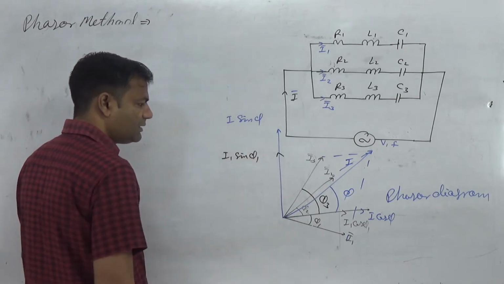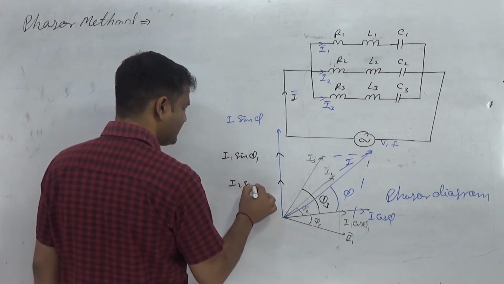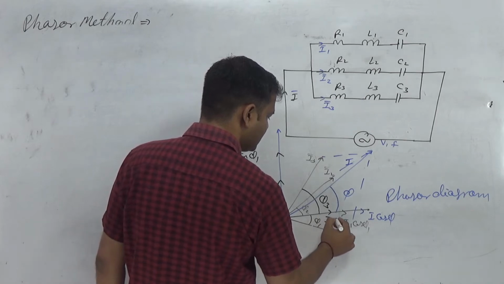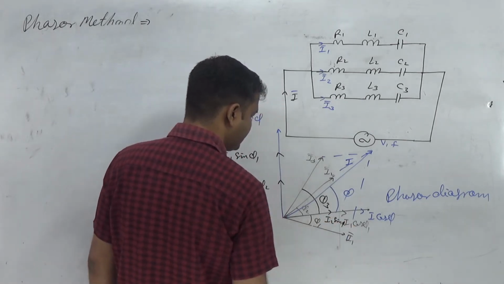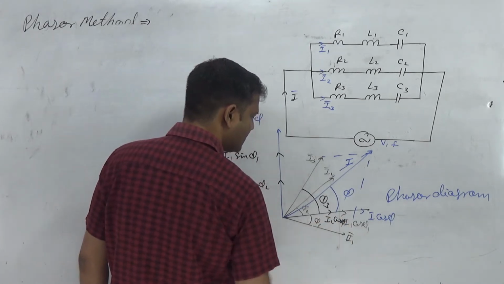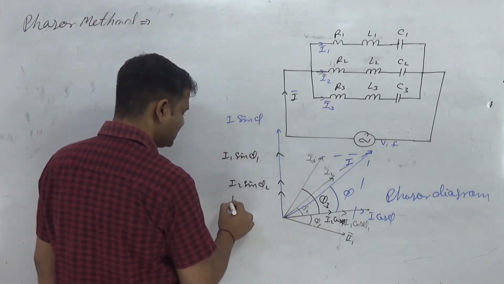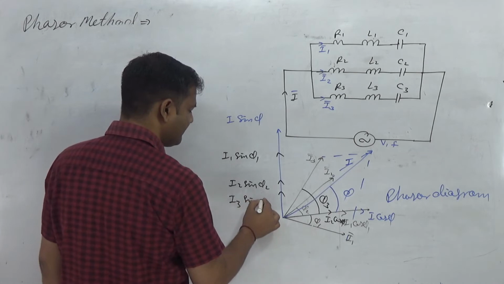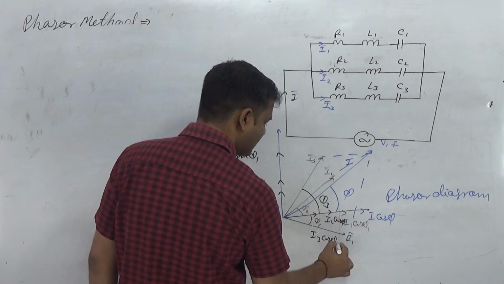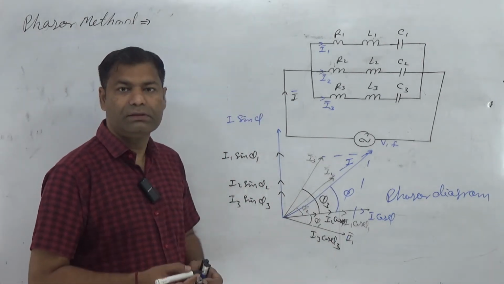Similarly for I2, that is I2 sin phi and I2 cos phi. What about I3? I3 is also written as I3 sin phi and I3 cos phi. Clear?